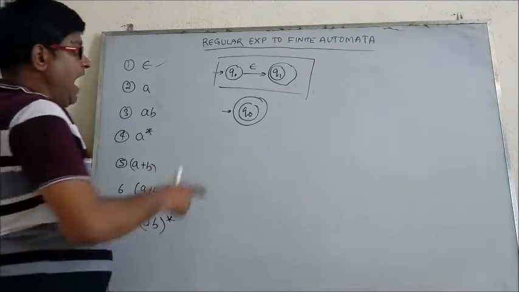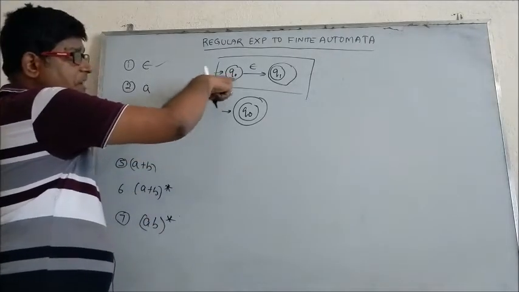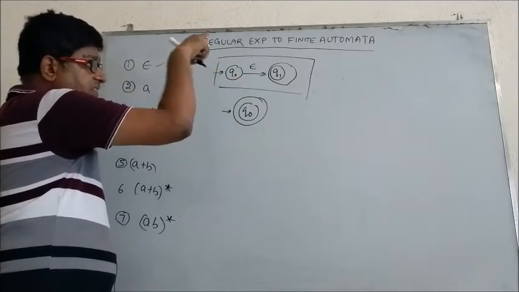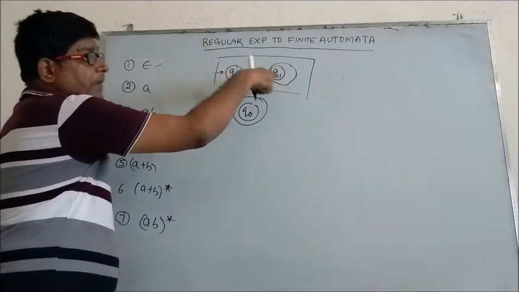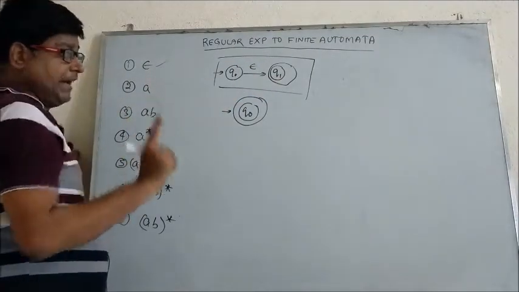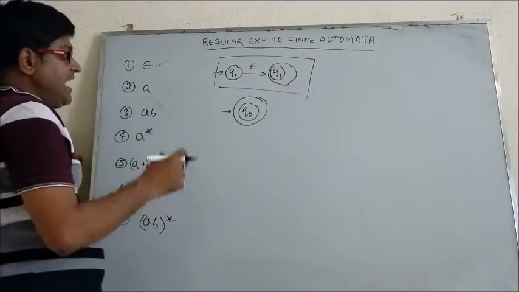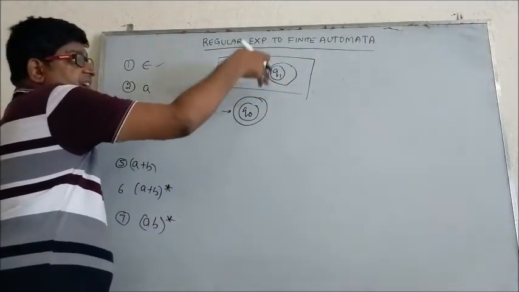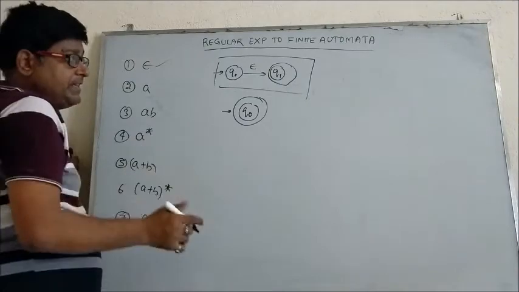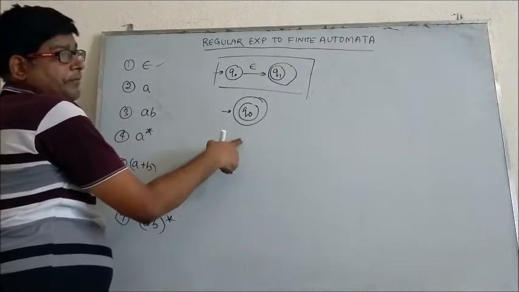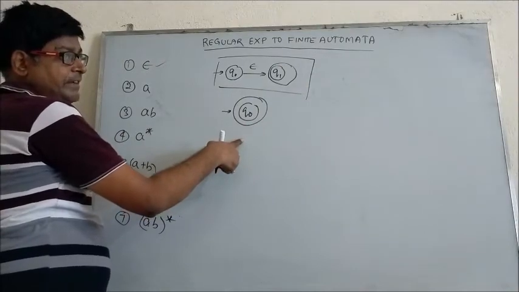Again I am telling you, if without giving the input symbol you are changing the state from the initial state to the final state, that means I am using the epsilon symbol. Second, if I am putting epsilon on any state and reaching the final state, this machine can be reduced from two states to only one, correct?